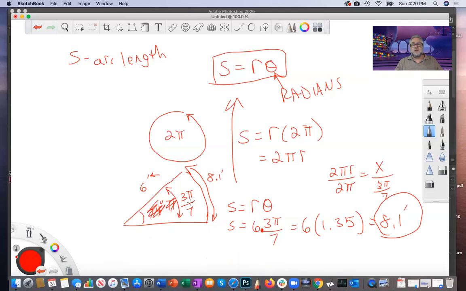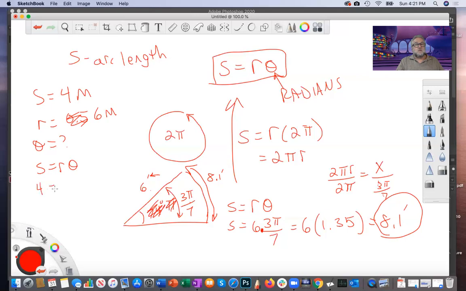In this case, I gave you the angle and the radius and you solved for the arc length. Maybe I tell you the arc length is 4 meters and the radius is 6 meters. What's the angle theta? S equals R theta. As long as I can give the answer in radians, I can do this.